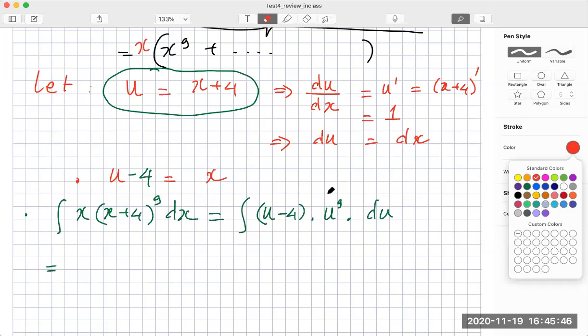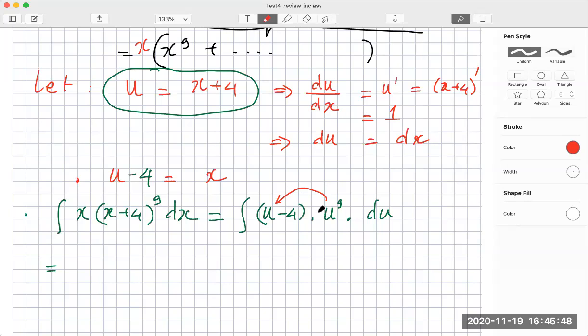Take the antiderivative. This is a parenthesis, right? Let us distribute it and see. It will be the integral of u times u to the 9, very good, and here minus 4 times u to the 9, and then we multiply with du.